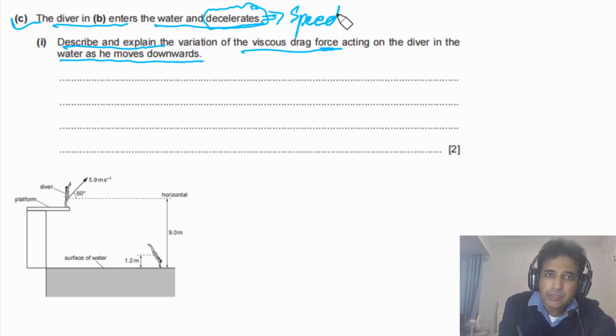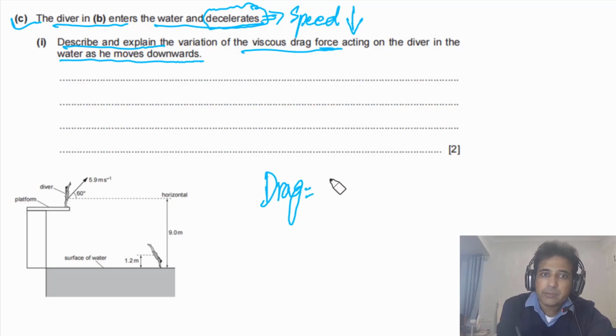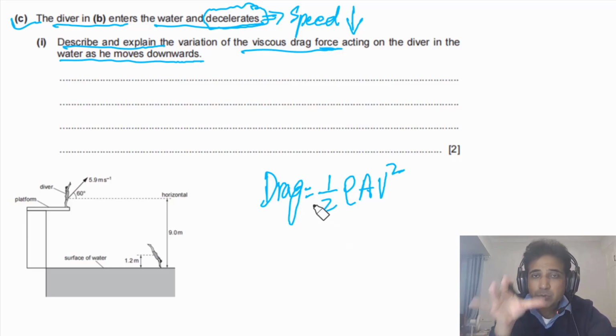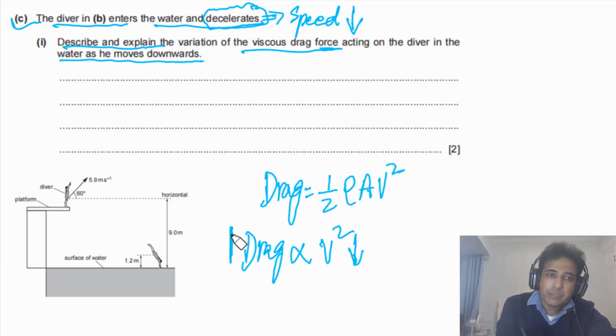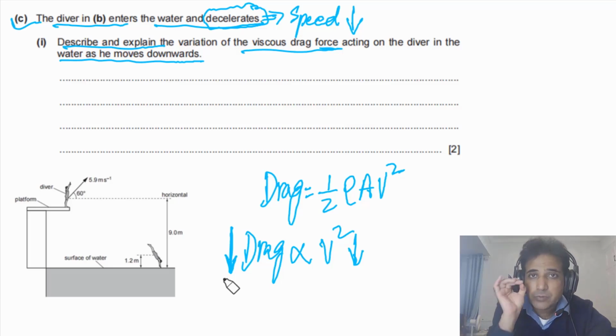Now we need to understand the drag force, which is equal to 1/2 rho A v squared. You don't need this formula for A level, but you need to understand drag force is proportional to v squared. So if v goes down, drag force will go down.